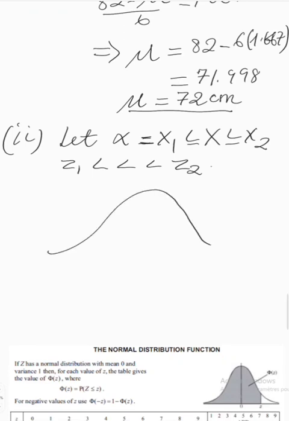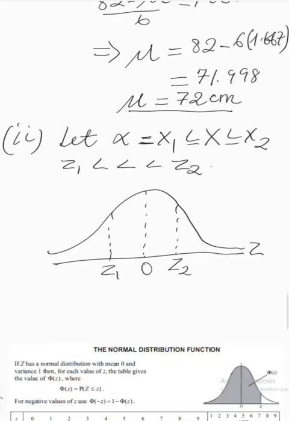So in that case, we have to draw the standard normal curve in order to visualize what is happening. We have the line of symmetry which corresponds to the mean of the z variable 0, and then that range is symmetrical about 0 in such a way that my z1 will be to the left and my z2 would be to the right.